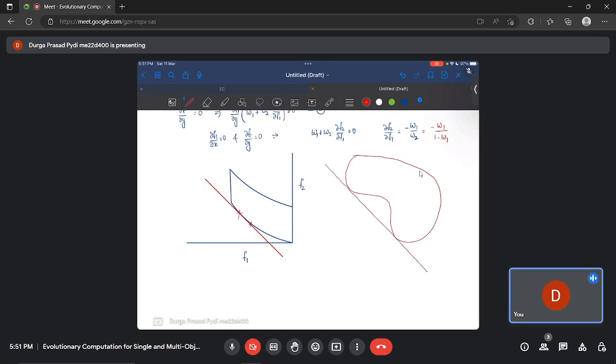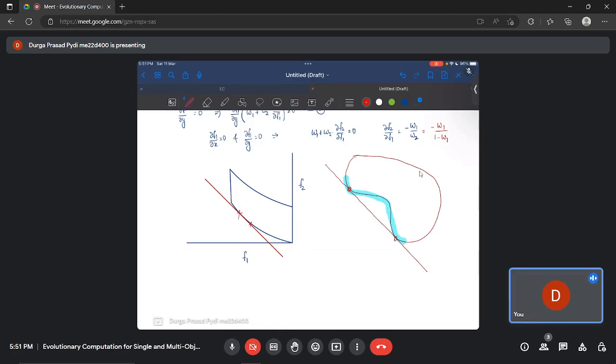Say this entire thing is your Pareto front, and suppose there are 2 points which are on the same tangent line. So for one W, you can get one of these solutions. You can never know which one of them it is, right?